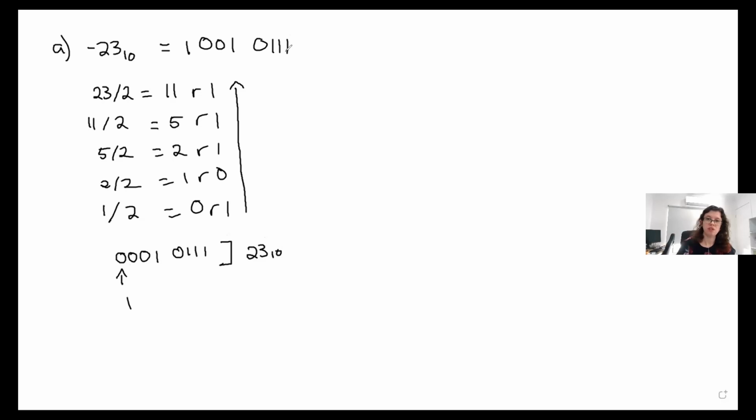So the next question was to convert this number, 1, 0, 1, 0, 0, 1, 0, 1, to a decimal number. So again, because we're in a signed magnitude system now, these bits are the actual number, and this first bit is the sign. So that sign bit being 1 means that it's going to be a negative number.